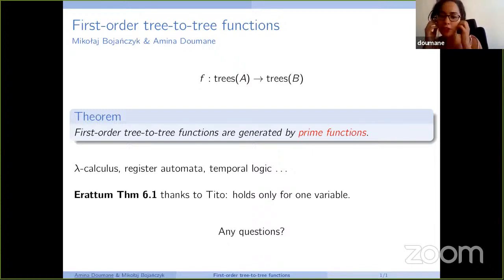If you are in the realm of words, a piece of a word is a word. But if you are in the realm of trees, to have a compositional framework, if you want to combine trees, you need trees with dangling edges.